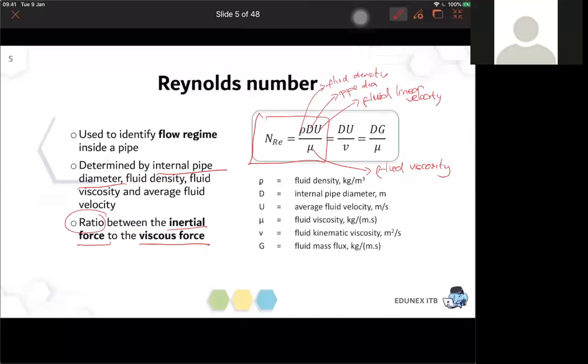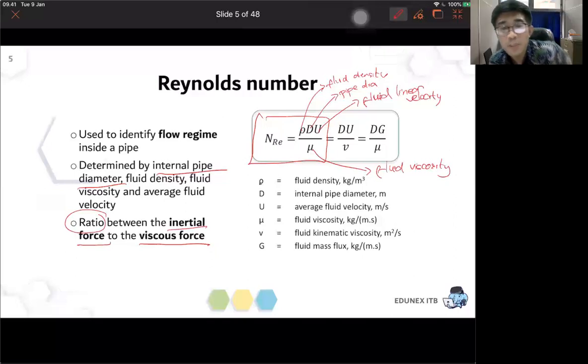Sir, I don't understand the inertial force and viscous force, sir. And also in the Reynolds number, what's the difference between fluid linear velocity and the fluid velocity, sir? Okay, I'll explain to you. Yeah, the inertial force is the force caused by the velocity.